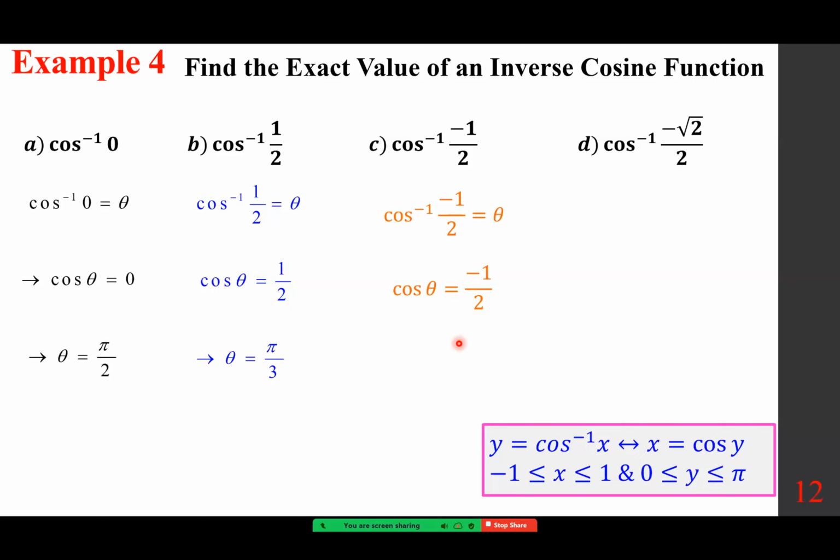So can anybody give us the answer here? Theta must be 2 pi over 3. Why is that? Pi minus pi over 3. Okay.